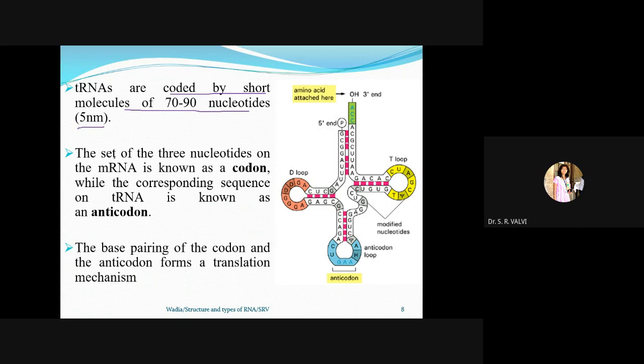The set of 3 nucleotides on the mRNA is known as the codon. And the corresponding sequence present on the tRNA is called what? Anticodon. So you are observing here GAA. This GAA is called the anticodon.